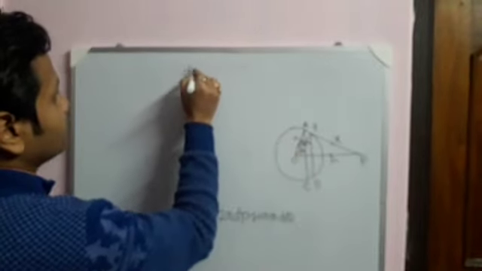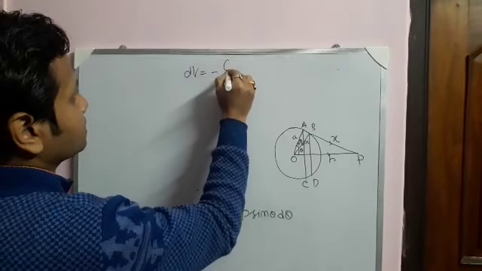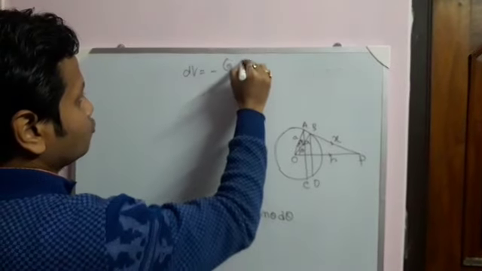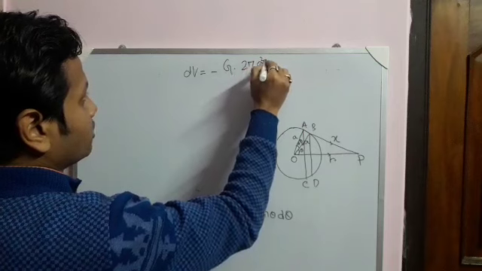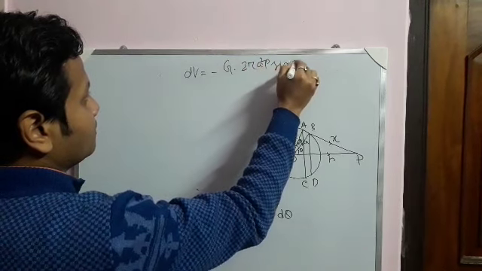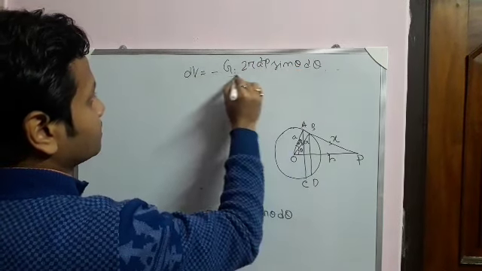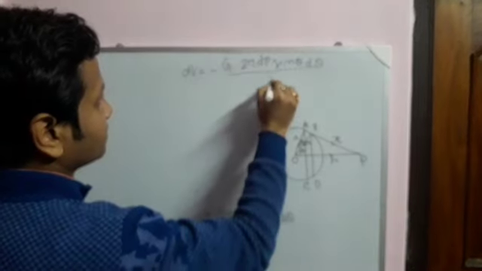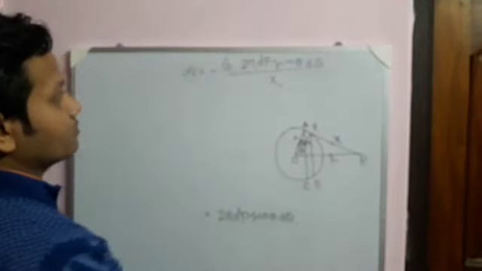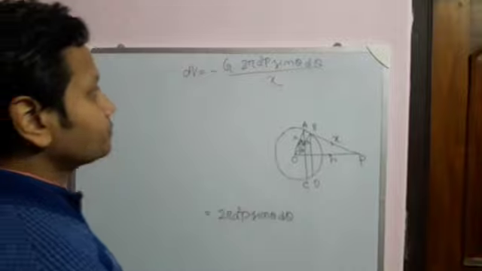If the potential is dV, then this is minus G into M, where M means 2 pi A square rho sin theta d theta, by the distance. And what would be the distance? That is x, the distance of the slice from the point P. So this is the formula.